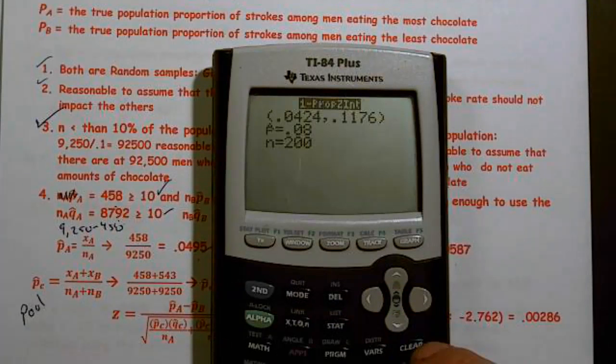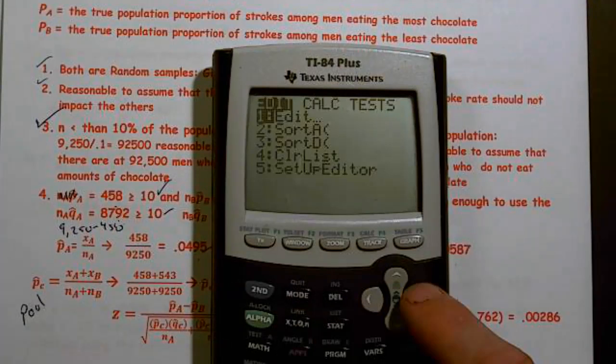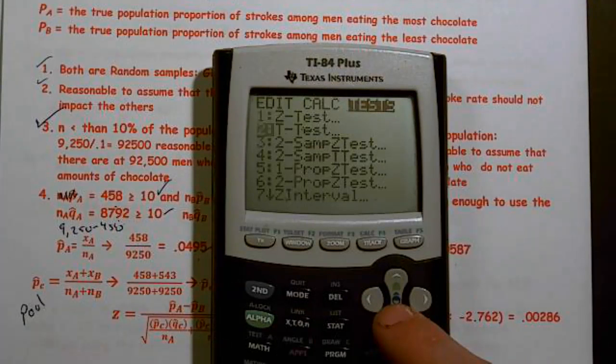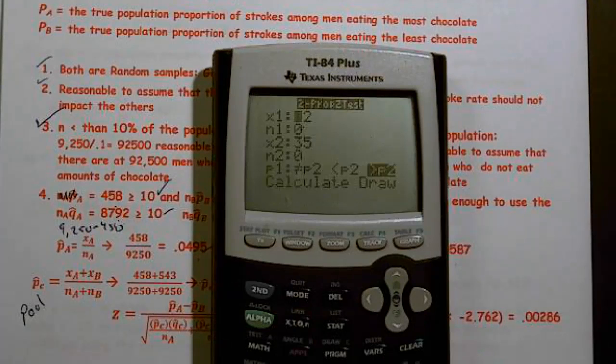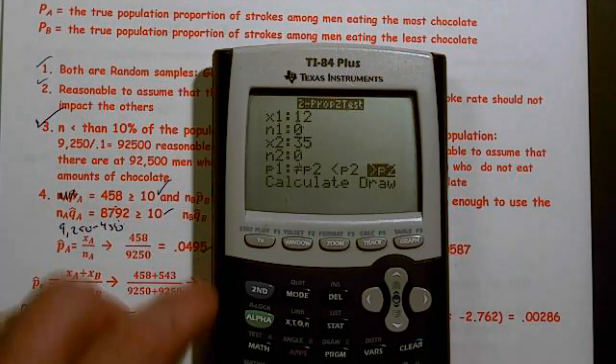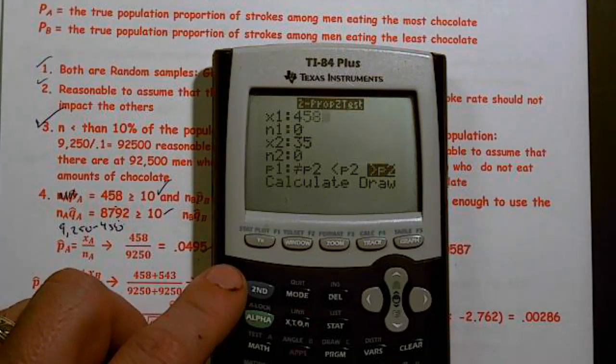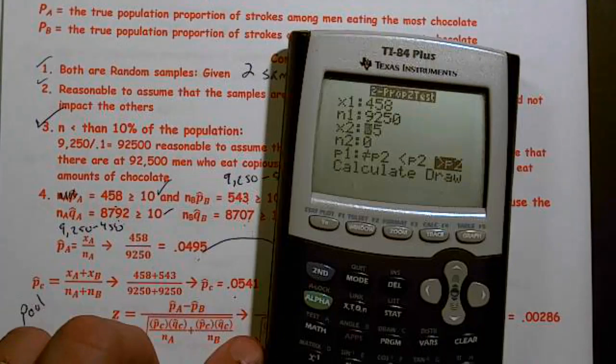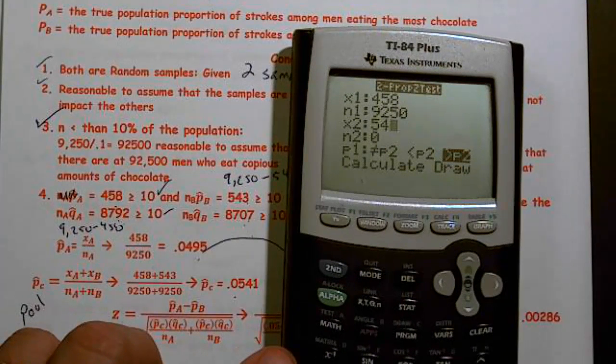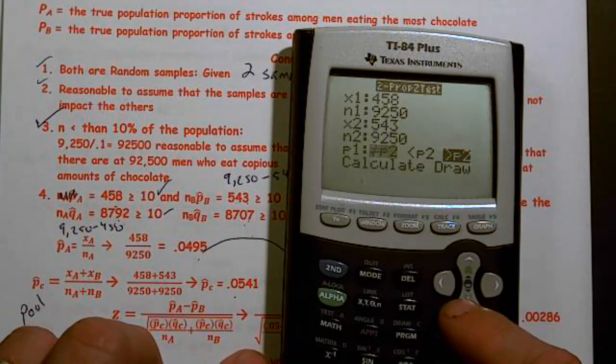And I go to stat test, 2-proportion z test. X1 had 458 out of 9,250. X2 had 543 out of 9,250.